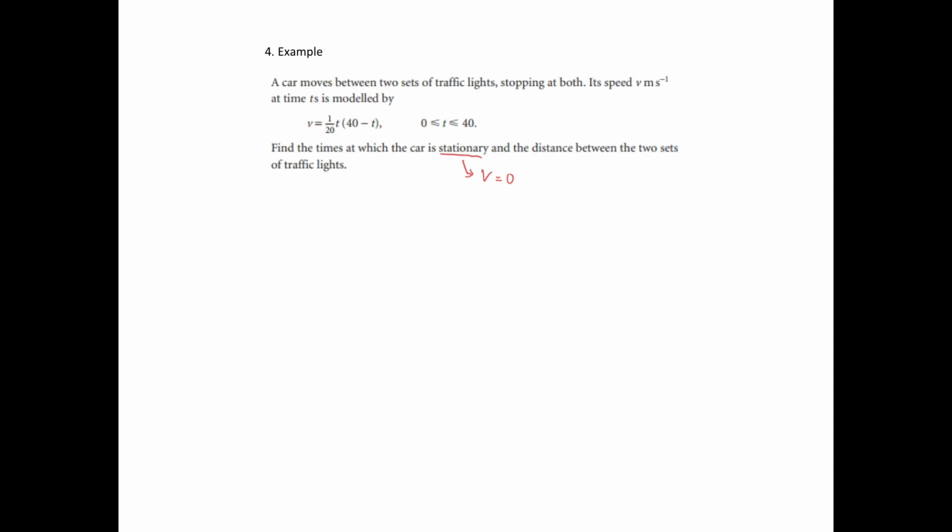So you will get 0 equal to 1 over 20 t (40 minus t). I bring the 20 to the left, so it is divided by 20 currently, and when I bring it to the left it becomes multiply, and 0 times 20 just disappears, and we end up with t(40 minus t).